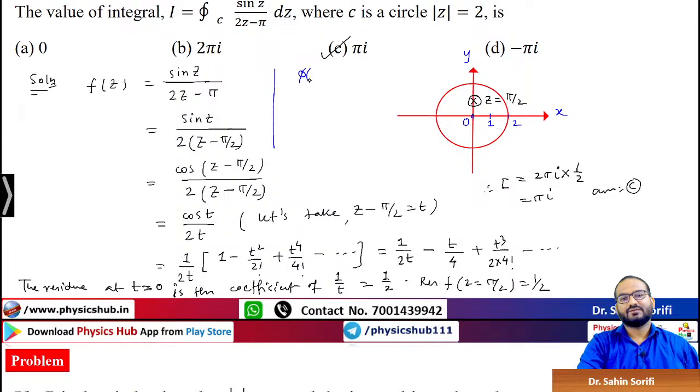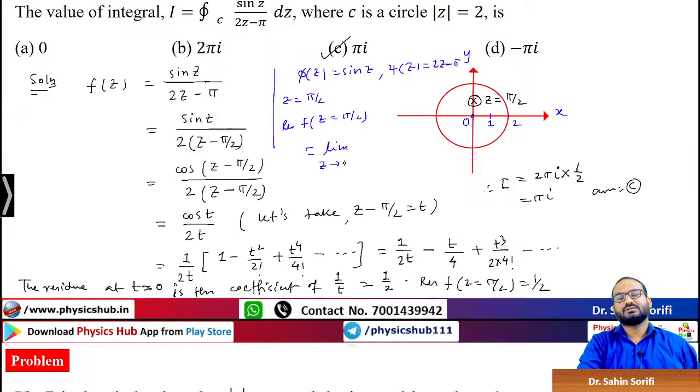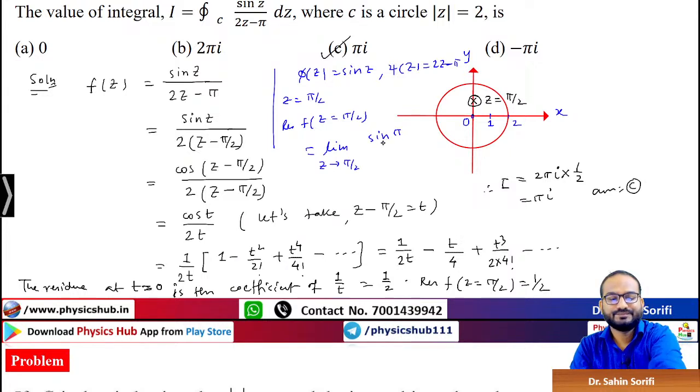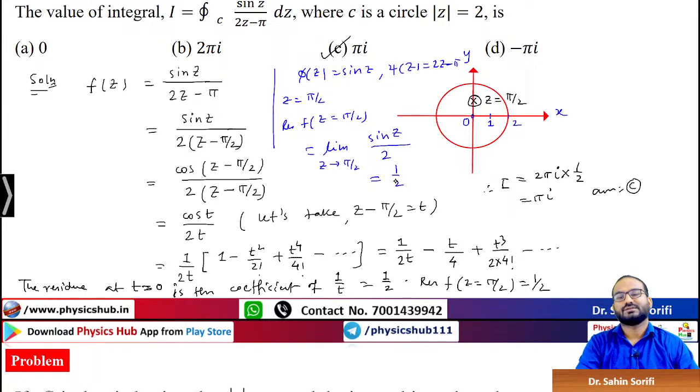Here you can see your phi z is equal to sin z, psi z is equal to 2z minus pi. So here the pole is equal to pi by 2. So the residue at this pole is the limit as z tends to pi by 2 of phi of z, sin z, by the derivative of 2z, so 2, so 1 by 2. So it is coming more easily.